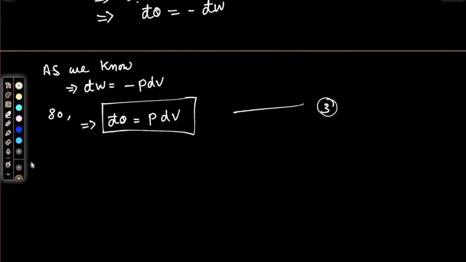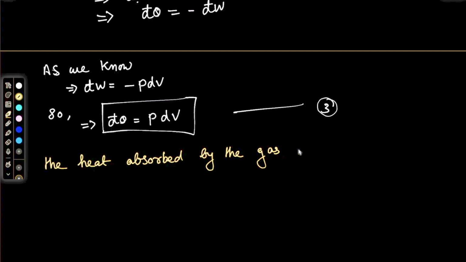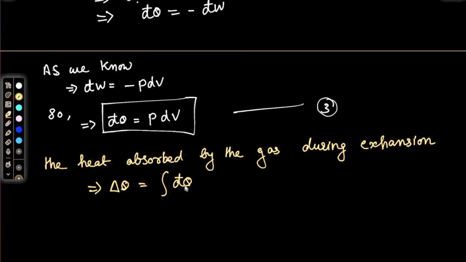Now, we want to calculate the total heat absorbed by the gas during an isothermal process. The heat absorbed by the gas during expansion, which is delta Q, is the integral over dq.